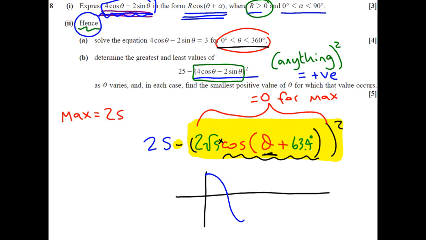Cos is cool, it starts at 1. Okay, that's one period of 360. Crossing, well not crossing, but in the middle at 90, 45. I know it's not really to scale that well. I've done that wrong, sorry.